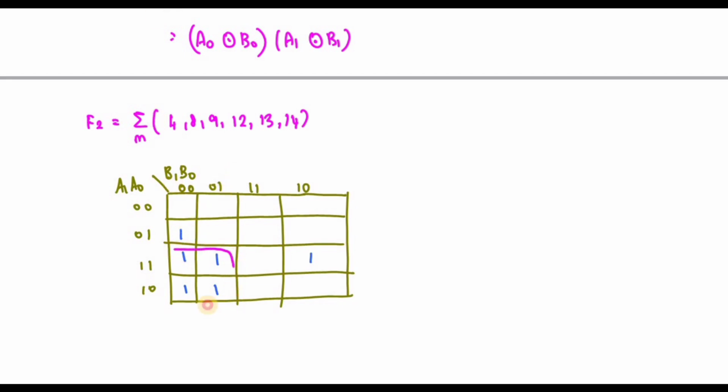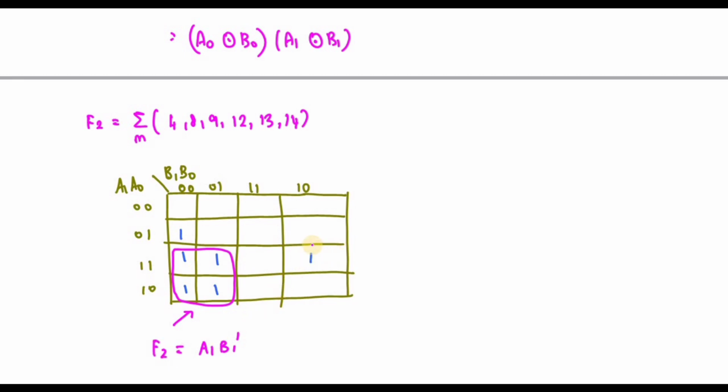So if I group this one, I will get A1. The common is A1. Here it is B1'. Okay. So this is my F2, right?